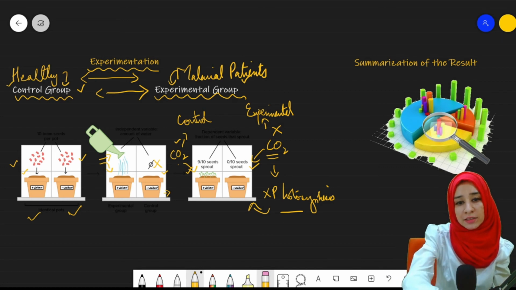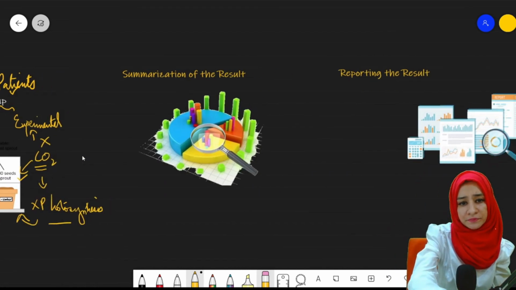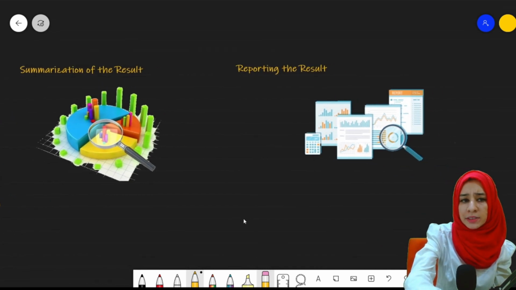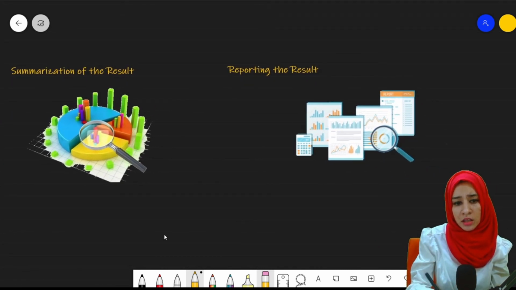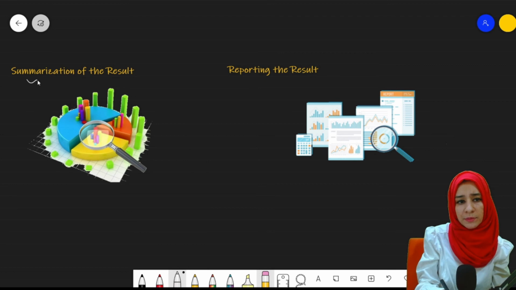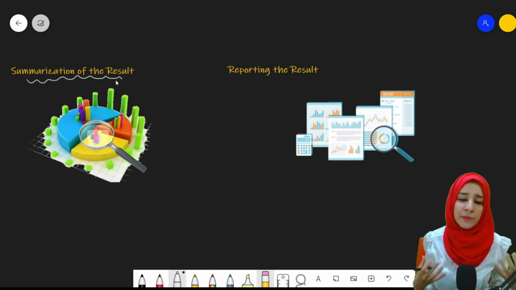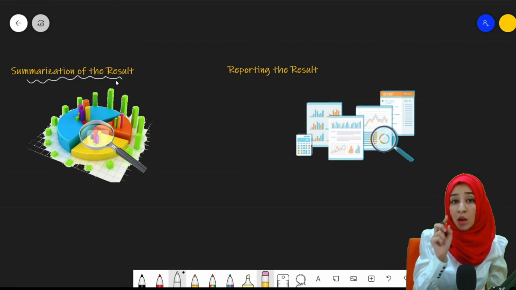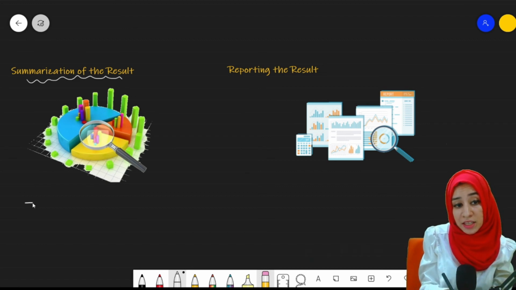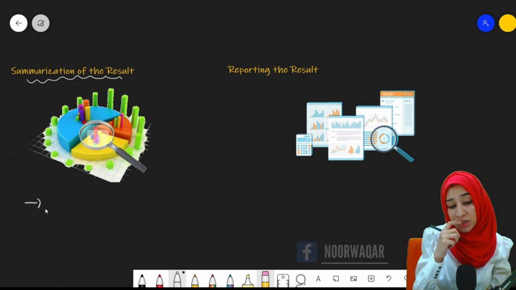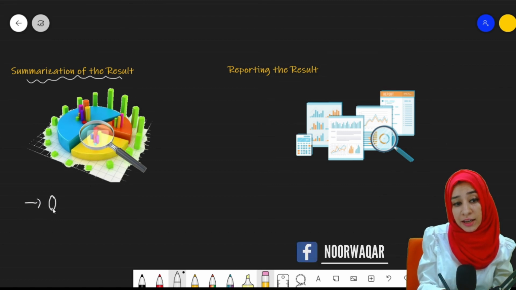So after experimentation, two simple steps will be there. The first one is the summarization of the result. The results that have been taken will be summarized. How? First of all, remember, from the experimentation, biologists will collect quantitative data. Why quantitative data?